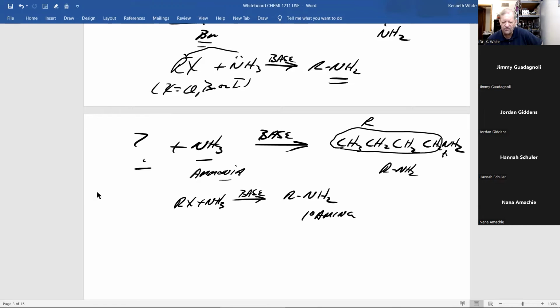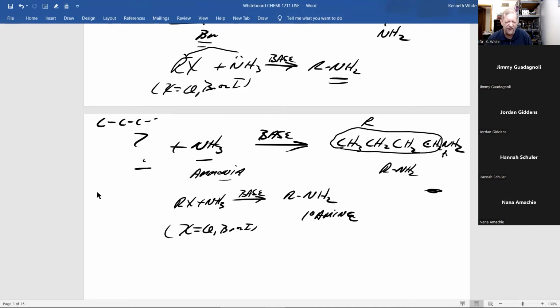I'll never ask what's a primary or secondary amine, but I'll use the terminology in class. So the carbon with the nitrogen is the carbon with the halogen. And you can have either chlorine, bromine, or iodine. Since I don't indicate what it would be, your choice. I'm in the mood for bromine right now.